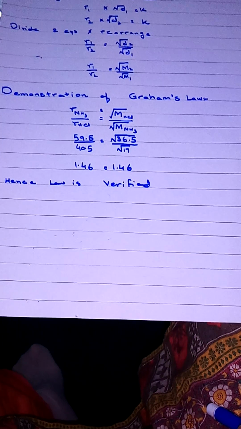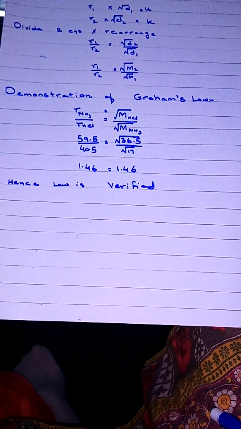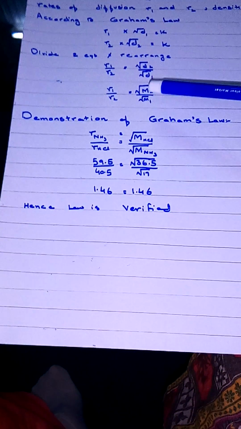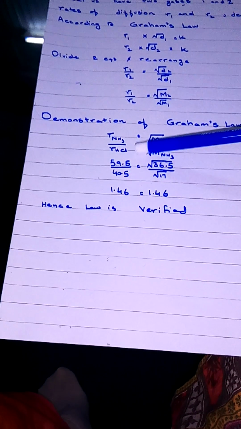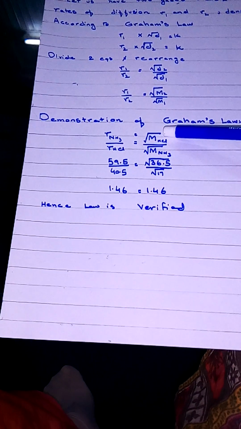Students, when two gases meet with each other, the reaction takes place and ammonium chloride is formed. So apply Graham's law of diffusion on these gases. R ammonia over R HCl is equal to the square root of M HCl over M ammonia, because the rates are inversely proportional to the molecular masses. Here is the HCl molecular mass and here is the ammonia molecular mass.